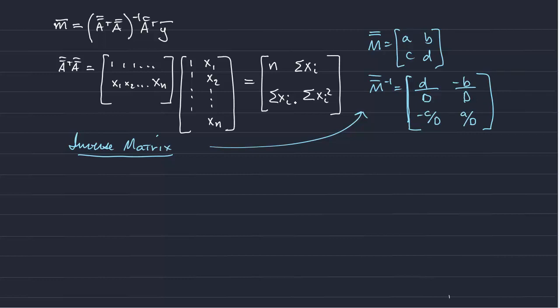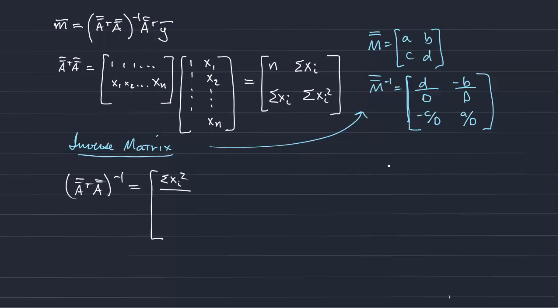So with A transpose A defined above, the inverse of that is equal to the sum of x squareds divided by the determinant.